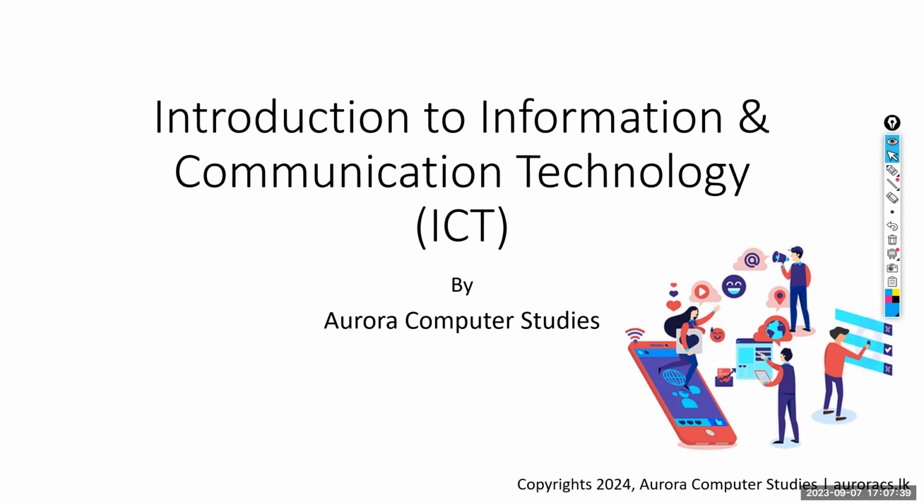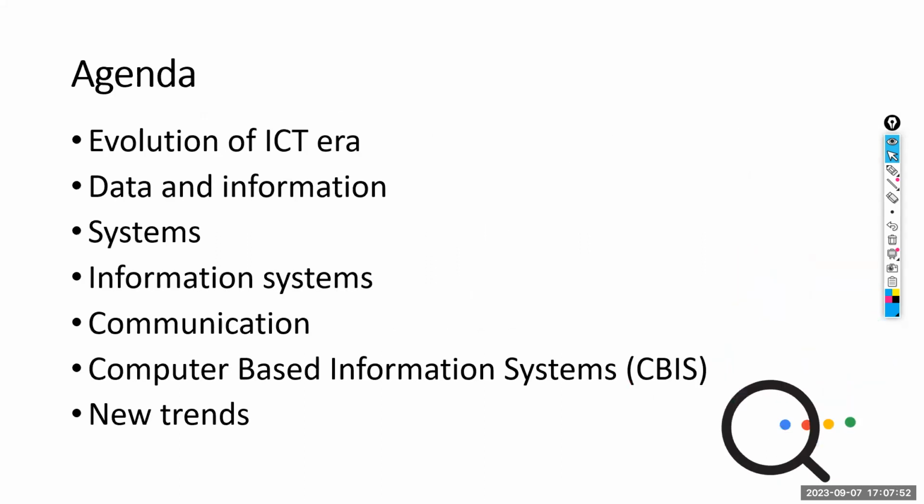Now remember, the idea is we will be looking at very simple things, but we look at those things in a more serious manner. Don't think that we make simple things complex. No, we make simple things even simpler by looking at them more seriously. So we'll look at the evolution of the ICT era.